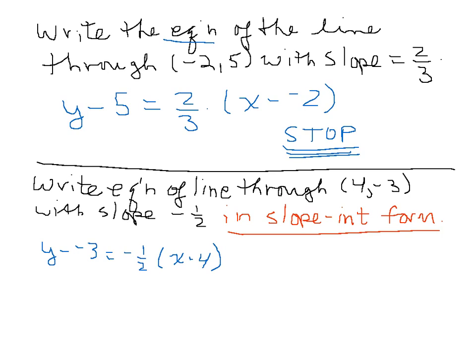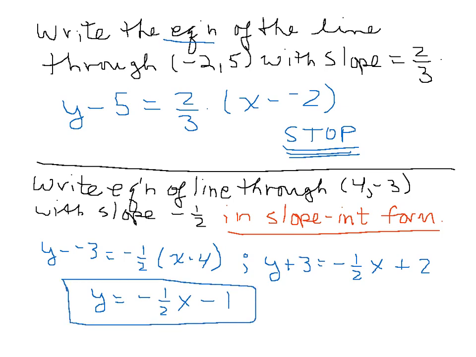But to put it in slope-intercept form, what I need to do is solve it for y. So I'll do a little bit of work here and write this as y minus 3 is equal to minus 1/2 x plus 2. See that? And so therefore y is going to equal minus 1/2 x, add 3 to both sides, and I get minus 1. So what I see here is the slope is minus 1/2, and the y-intercept is minus 1. So it's a pretty easy way to graph.